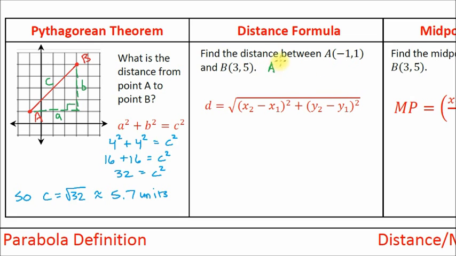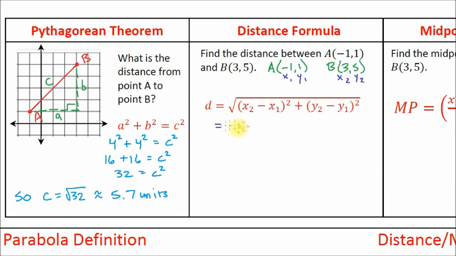So let's write A is -1, 1, and B is 3, 5. Let's label these. Let's call this one x sub 1 and this value y sub 1. The 3 is x sub 2 and the 5 is y sub 2. So there are our values that we'll use to plug into our distance formula.